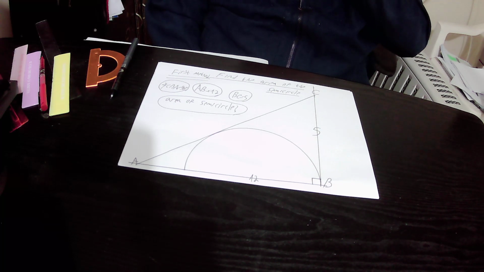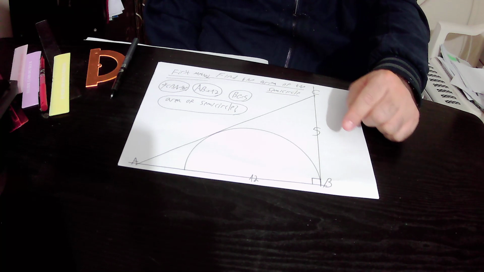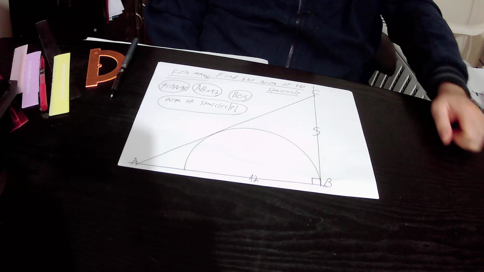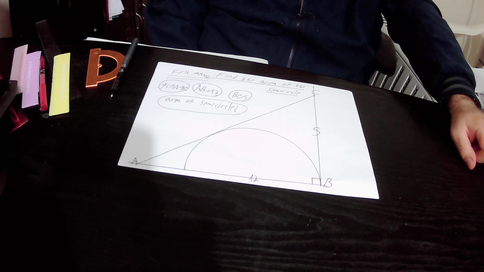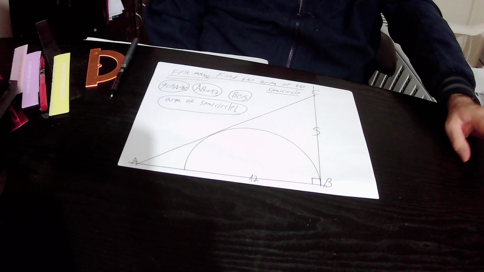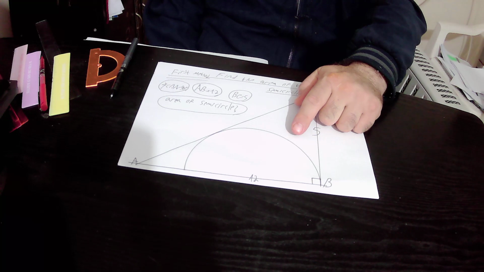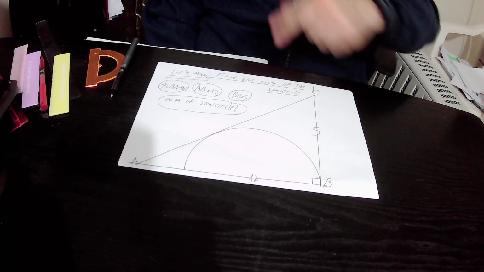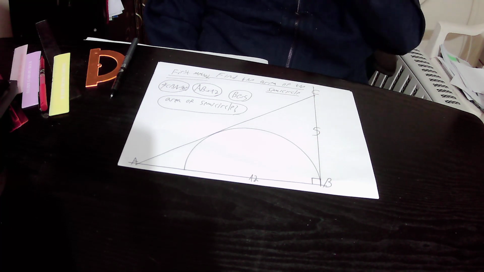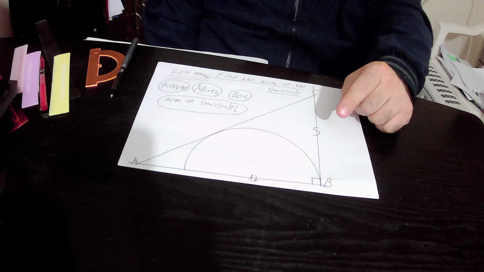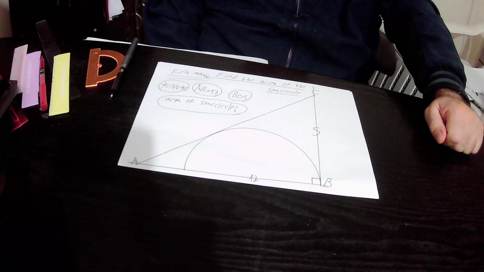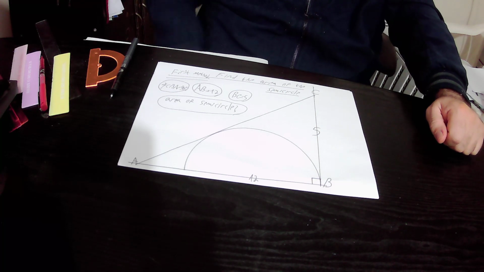We know that side BC of triangle ABC equals 5 units, side AB equals 12 units, and we have the semicircle that is inscribed by triangle ABC, and we want to find out the area of this semicircle. So we'll start with the first method.